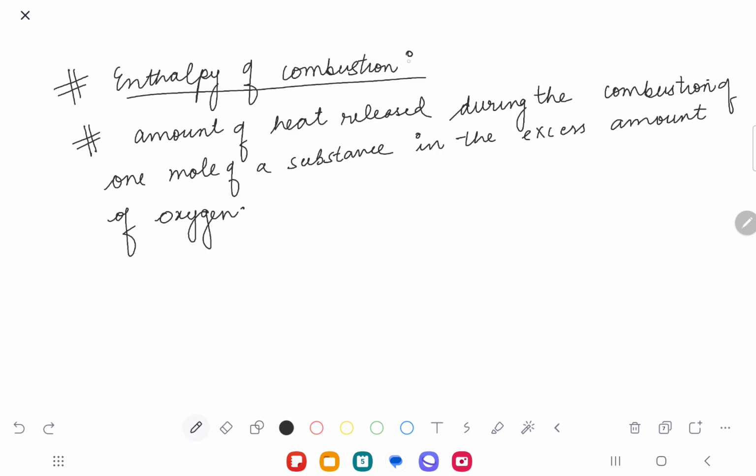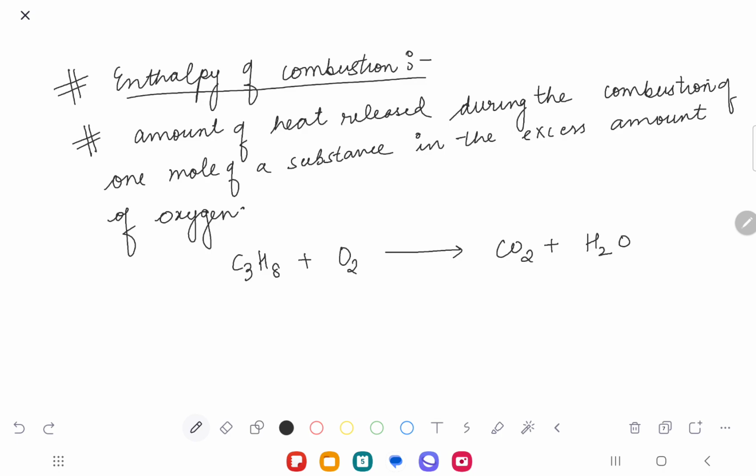So for example, if I write down the equation, it's very simple. There can be a lot of combustion reactions. Let me write it down like this: C3H8 plus O2, and if I balance this equation, it gives me CO2 and H2O.